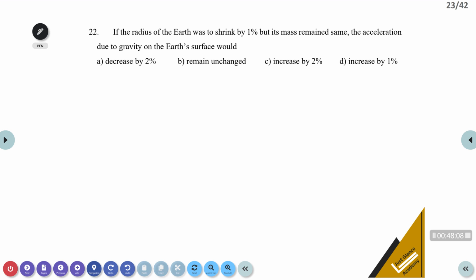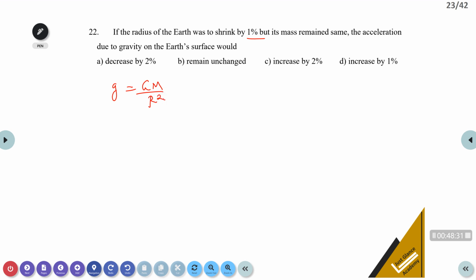If the radius of the earth shrinks by 1% and the mass remains the same, the acceleration due to gravity on the earth surface is? g equal to GM divided by R square.